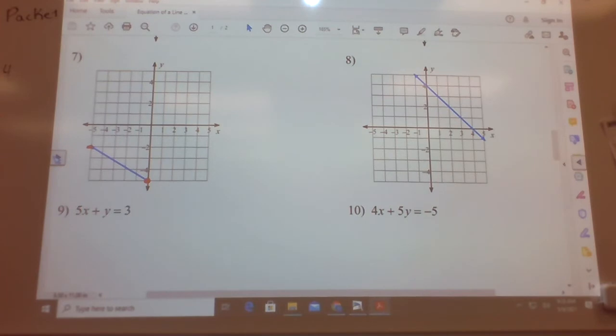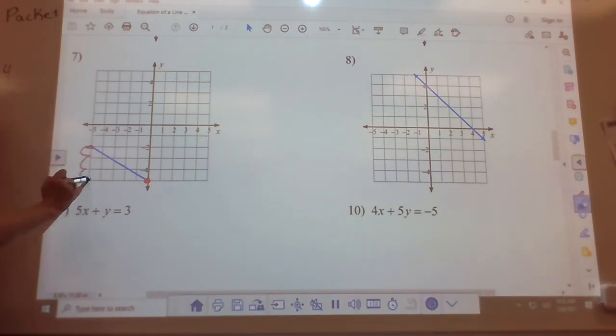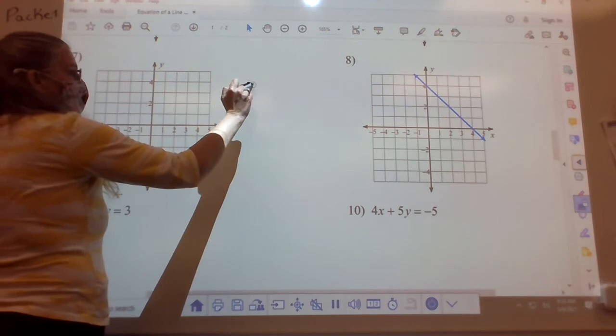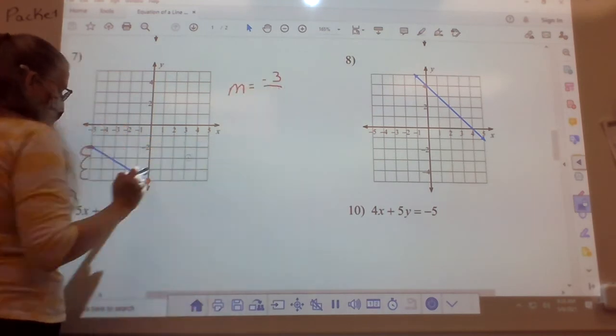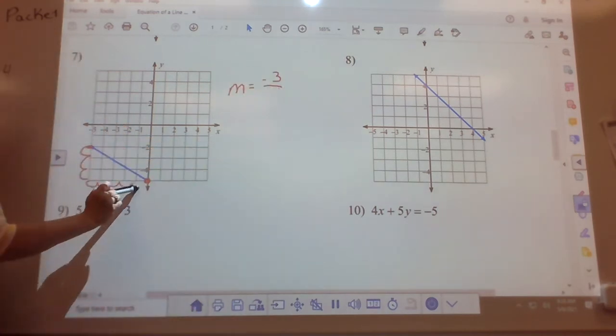Once you have your points on the grid, you can go ahead and figure out what the slope is. So what is the slope of that guy? -3 over 5. -3 fifths. 1, 2, 3, 4, 5.